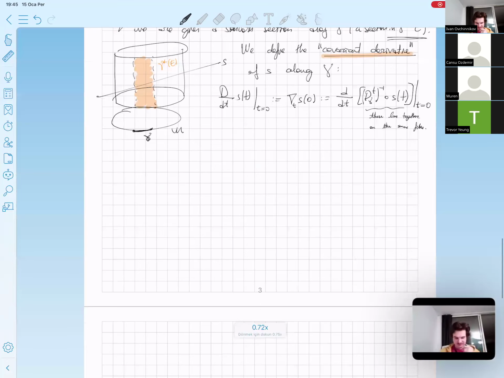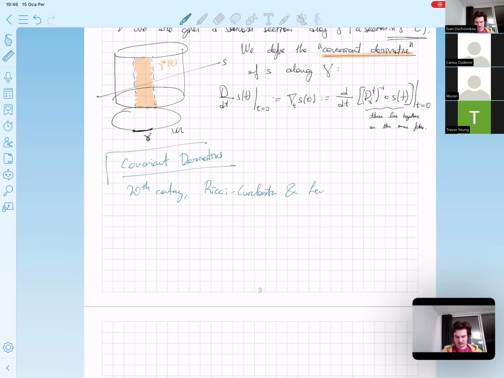Okay, a little bit on covariant derivatives. The catch is these were introduced in the late 19th, early 20th century by Ricci-Curbastro and Levi-Civita.